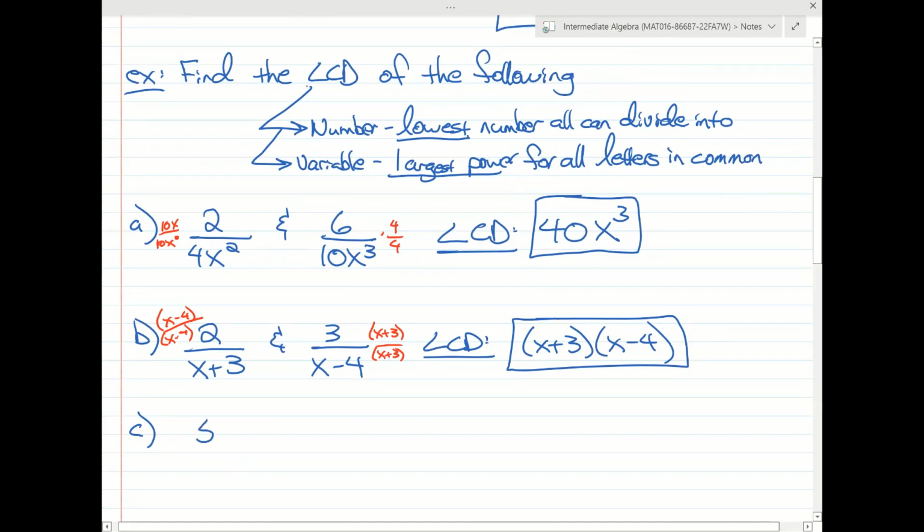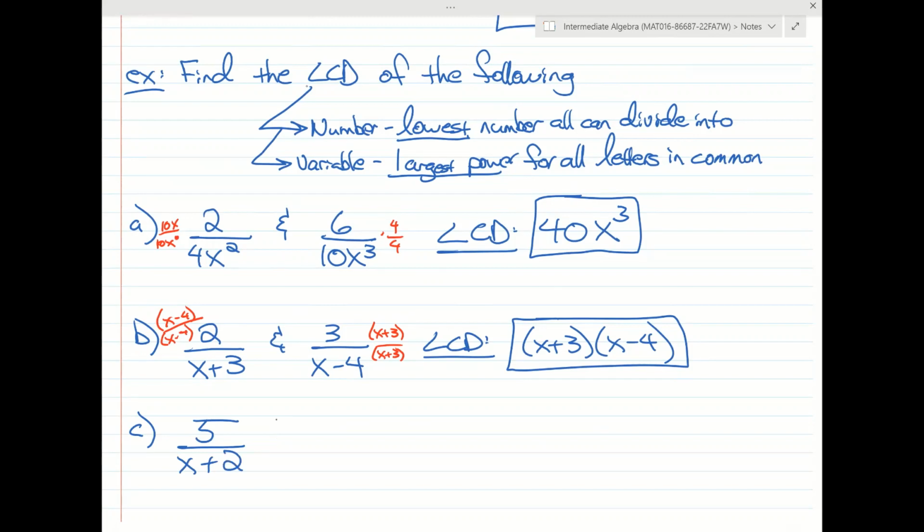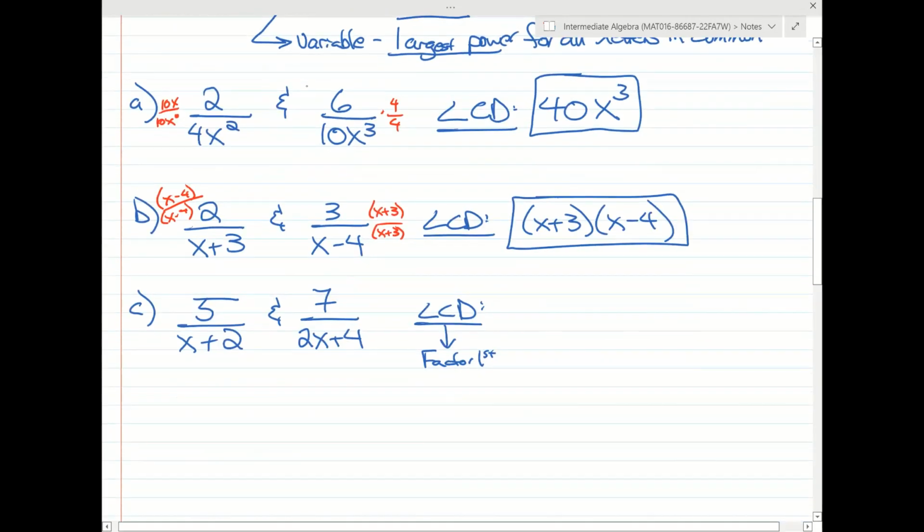What if we had 5 over x plus 2 and 7 over 2x plus 4? In order to find the least common denominator, sometimes what we have to do is factor first. So this is just going to stay 5 over x plus 2.